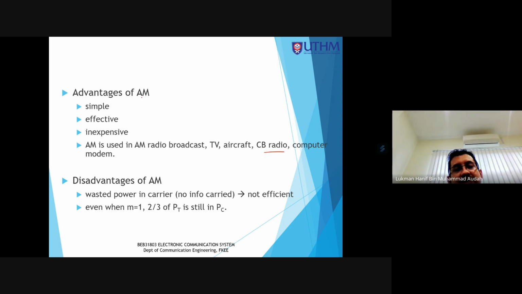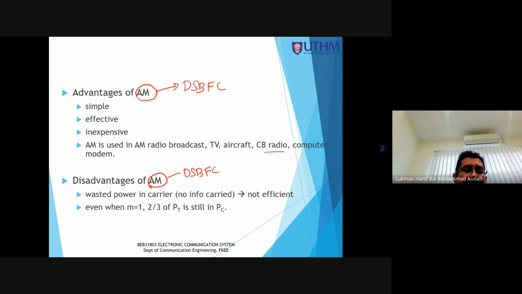So you see that this is AM, and this is actually referring to the double sideband full carrier. So now we are talking about double sideband full carrier, and it also has disadvantages.